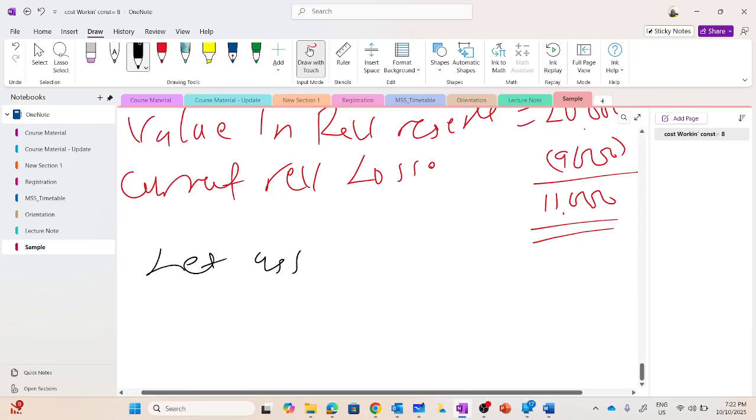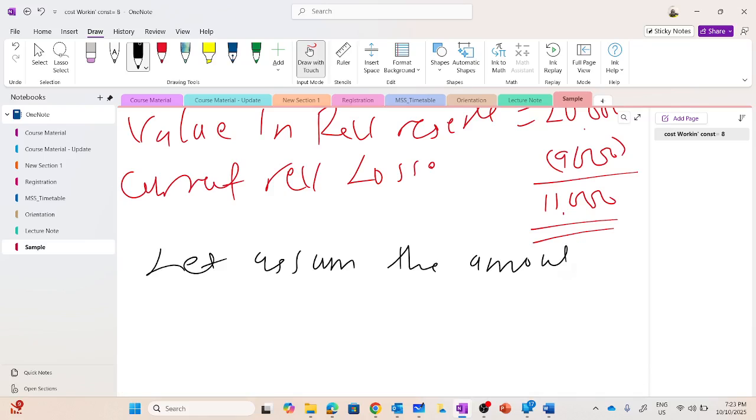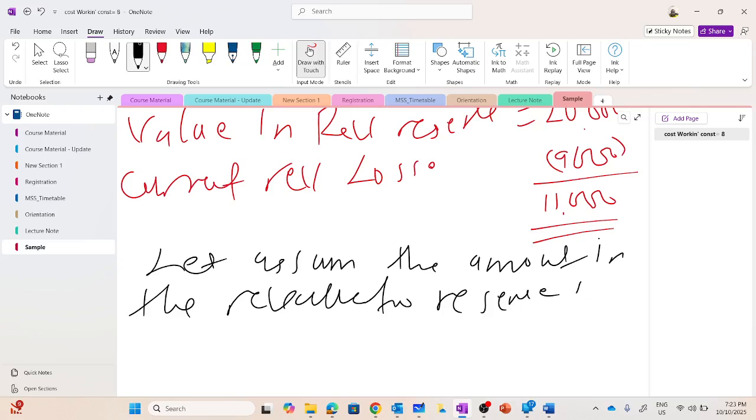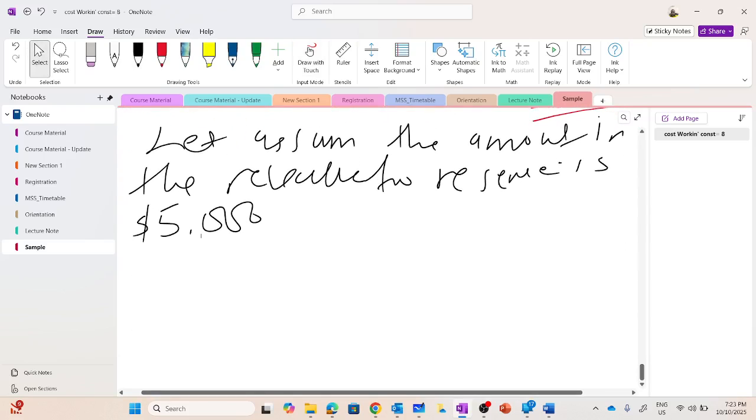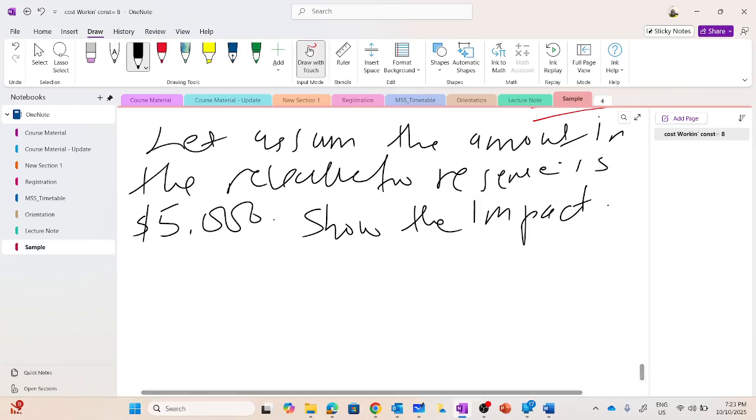Let's assume the amount in the revaluation reserve is $5,000.